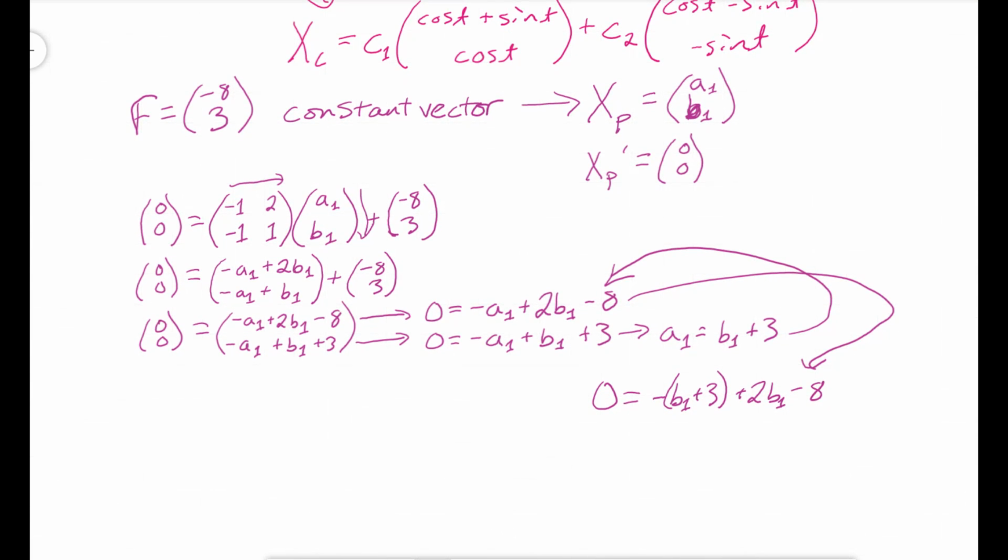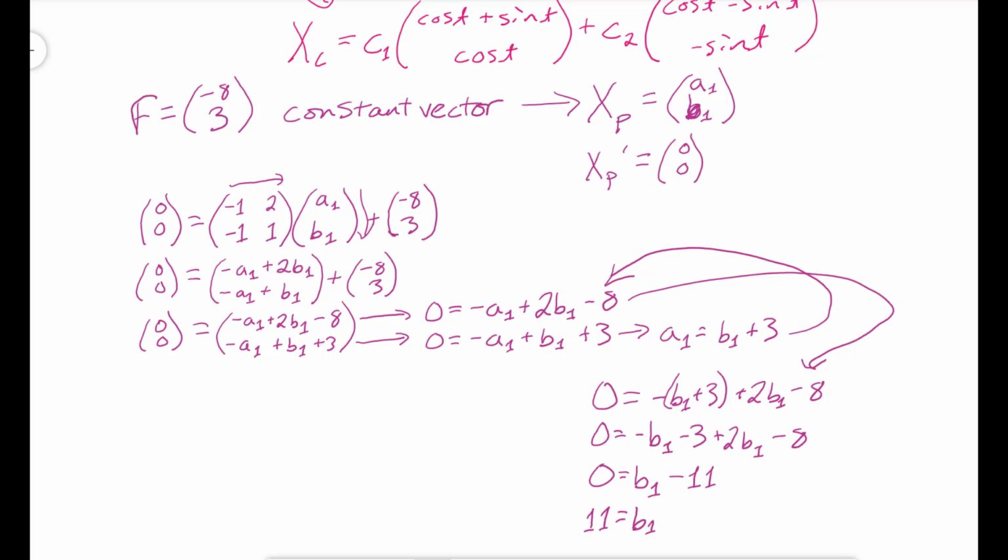Then I have to solve for b1, so I'll distribute that negative. I'll get 0 equals negative b1 minus 3 plus 2b1 minus 8. Combining like terms, I've got b1 minus 11 is equal to 0. Adding 11, I get 11 is b1.